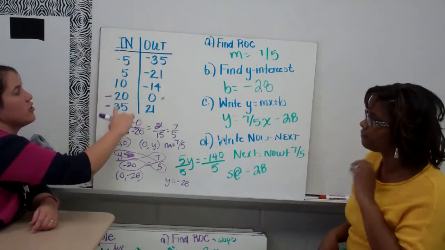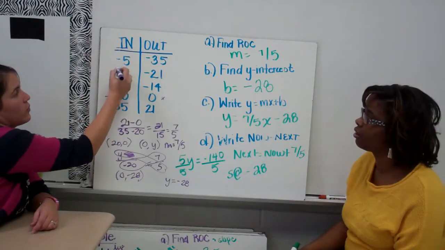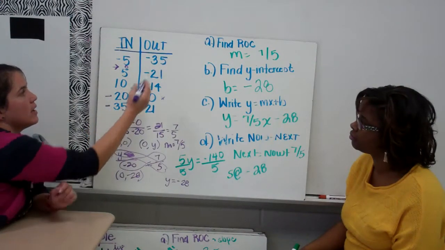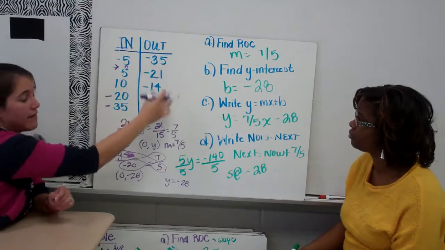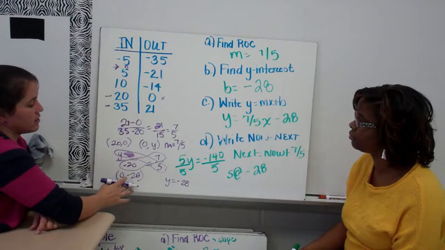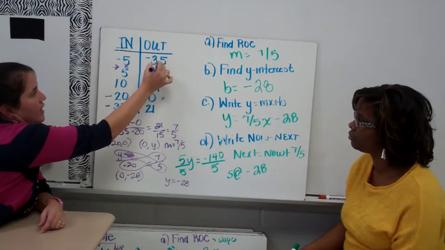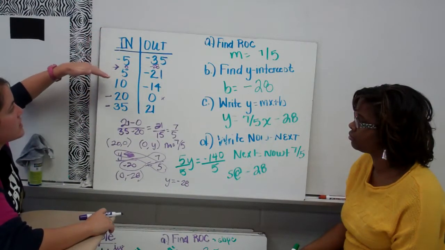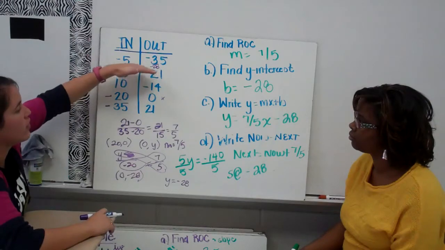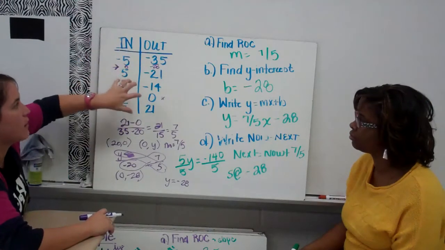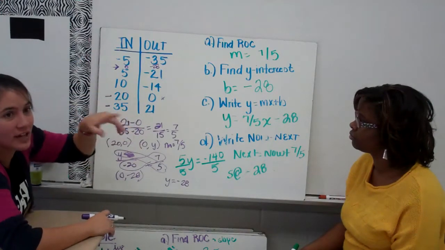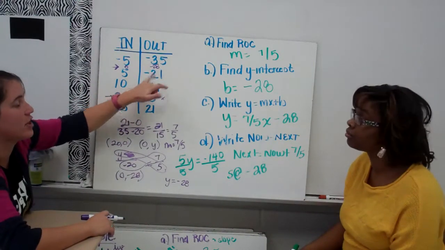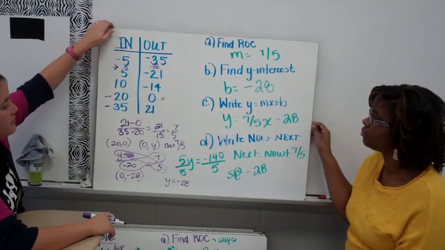And notice in your chart, right here would be the x value of 0, and it doesn't give you the y value, but we found it using this skill. It would be negative 28. That would make sense because as our x's are decreasing, our y's are also decreasing. If you got a positive 28, that would look funny if all of a sudden you had a positive right here. So that is a good sign.